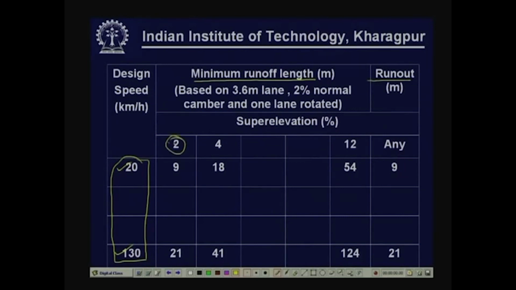Starting from 2%, it goes up to 12%, because AASHTO allows maximum super elevation rate up to 12%. So, 2%, 4, 6, 8, 10 and 12. For all these conditions, depending on speed, number 1, and depending on the maximum super elevation that is permissible, the minimum runoff length and runout length can be estimated. Those values are estimated and given in tabular form, so one can pick up the appropriate value from the table. All these values are given in the AASHTO guideline.